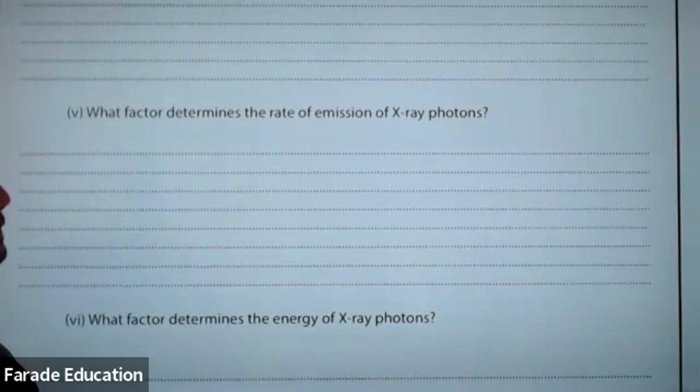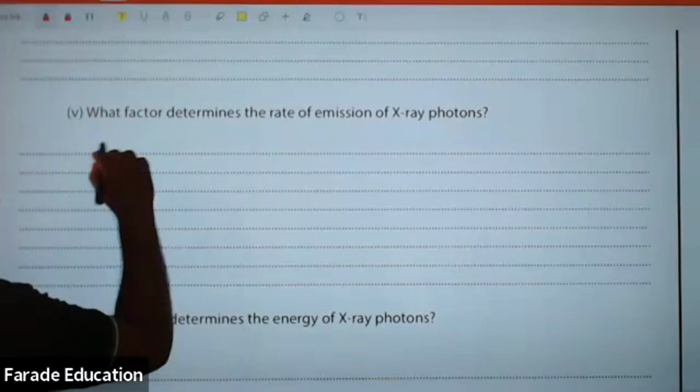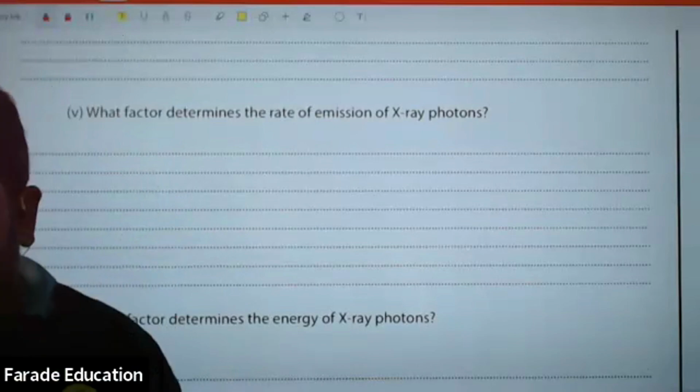What factor determines the rate of emission of X-ray photons? The filament current, not voltage P1.